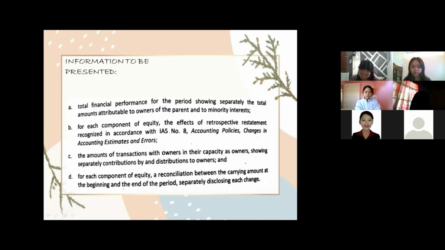C, the amount of transaction with owners in their capacity as owners, showing separately contribution by and distribution to owners. And D, for each component of equity, a reconciliation between the carrying amount at the beginning and the end of the period separately disclosing each change.